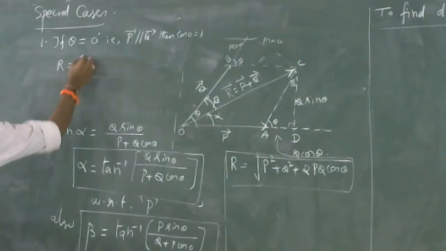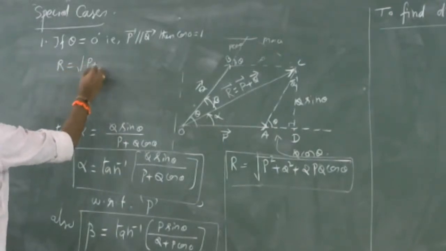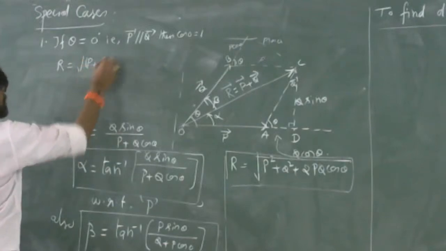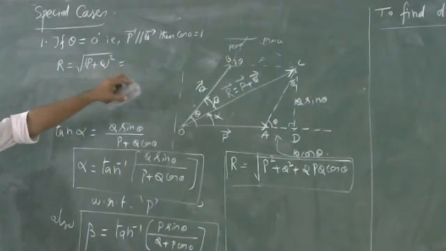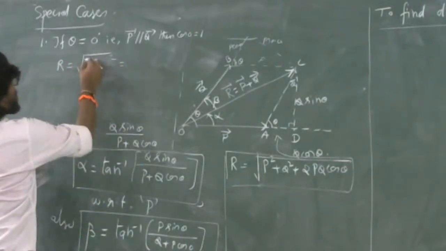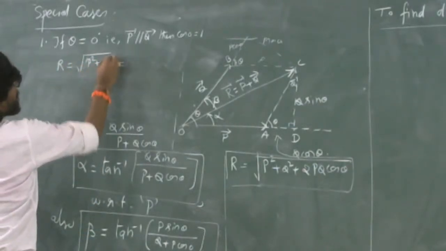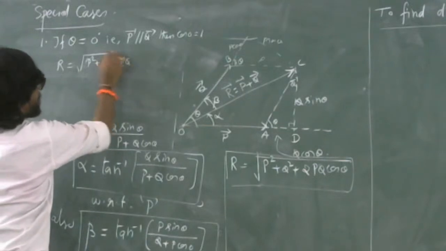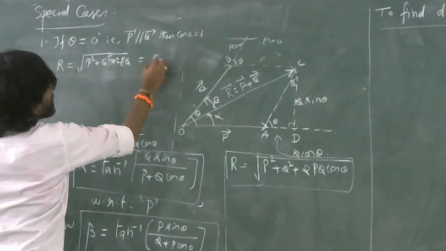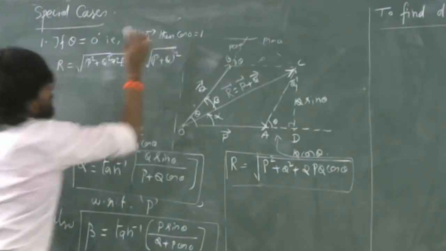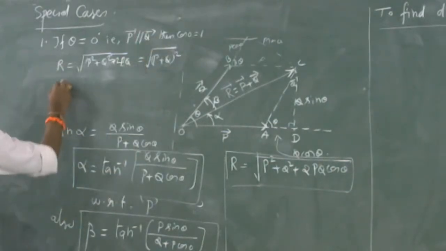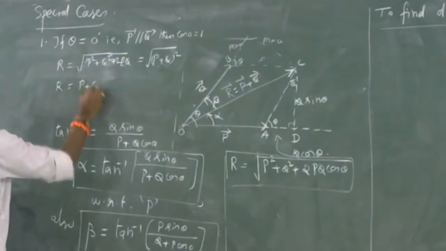R is equal to square root of P plus Q whole square. This can be expressed as P square plus Q square plus 2PQ, which is equal to P plus Q whole square under root. So root and square get cancelled. So you get R is equal to P plus Q.